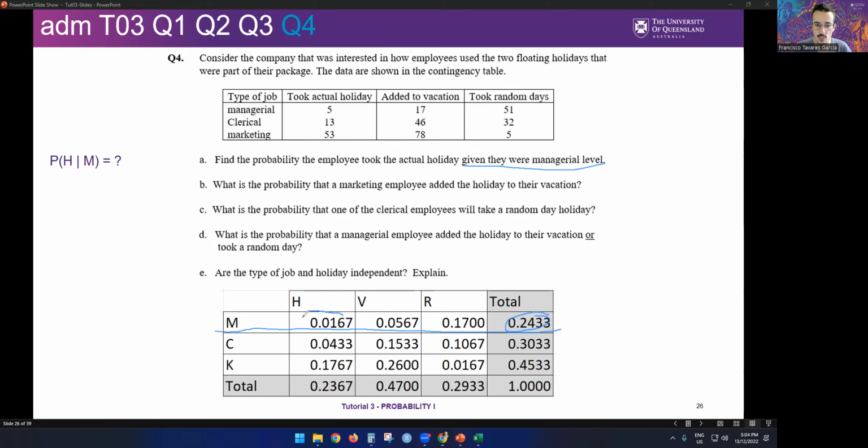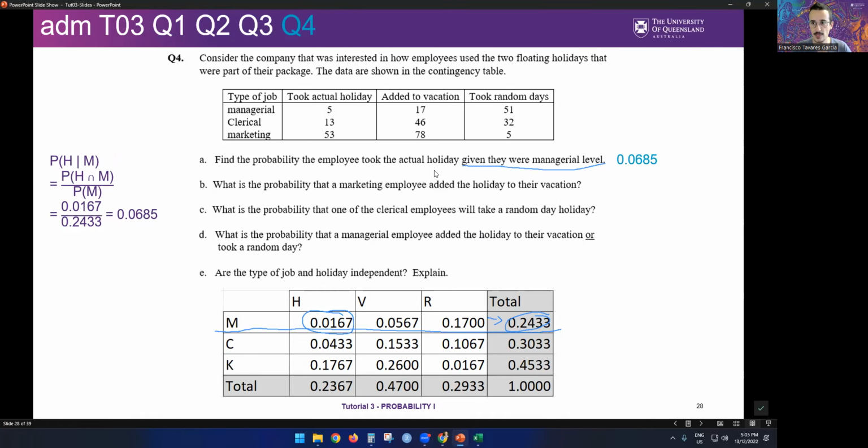So what is the proportion of this with regards to this? Let's go. We have an answer in the chat already. Thank you so much. You know that the intersection is this cell in here, and then we're dividing by the total, which is 0.0167 divided by 0.2433, which equals 0.0685. That's the answer for this one.